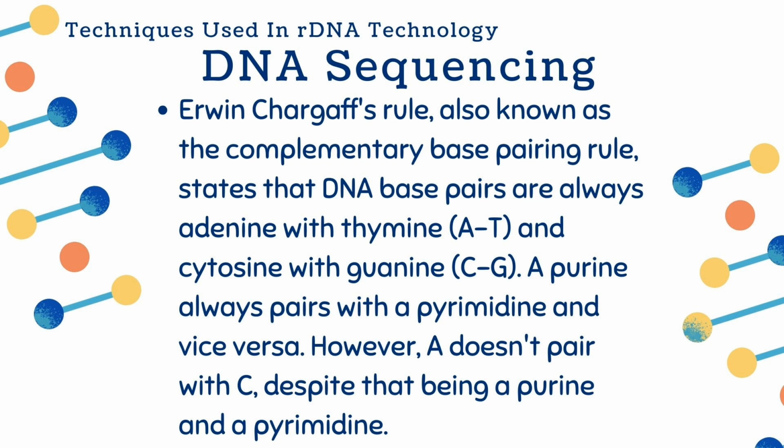These rules help ensure the stability of the DNA molecule. However, there is an exemption to this rule. A does not pair with C even though one is a purine and the other a pyrimidine. While it may seem strange at first glance, this actually makes sense because A and C pairing together would result in unstable hydrogen bonds between the two bases.